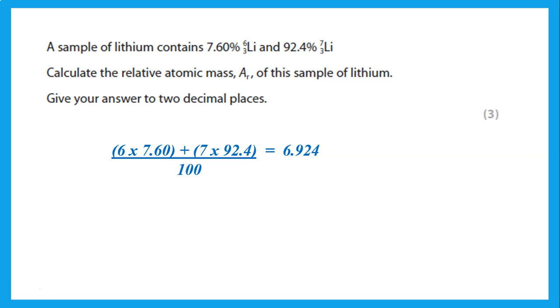This gives me 6.924. Is that my answer? No, he's saying give your answer to 2 decimal places. What does 2 decimal places mean? It means 2 numbers after the decimal. So this is my answer, 6.92. You cannot leave it 6.924. You lose a mark.